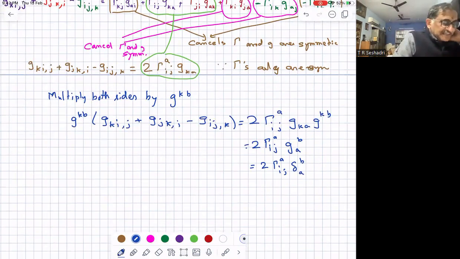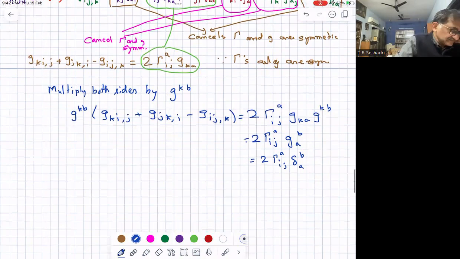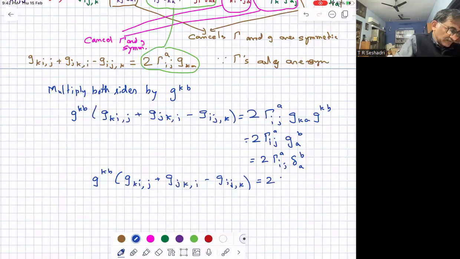Because you see, g^{kb} is the inverse of g_{ka}. So their product should be identity, which means it is 1 in the diagonal term and 0 everywhere else, which is this delta function. Is that okay? Yes. And so I have g^{kb}(g_{ki,j} + g_{jk,i} - g_{ij,k}) is equal to twice Gamma^b_{ij}.